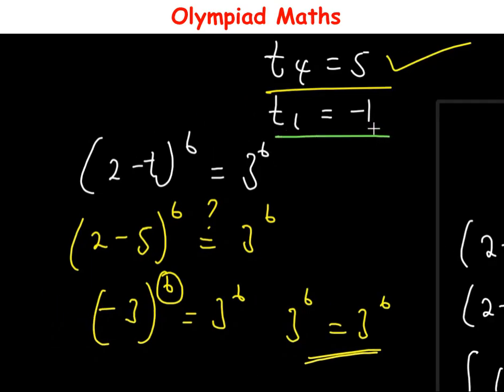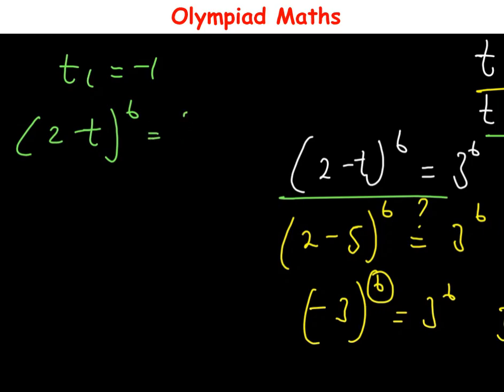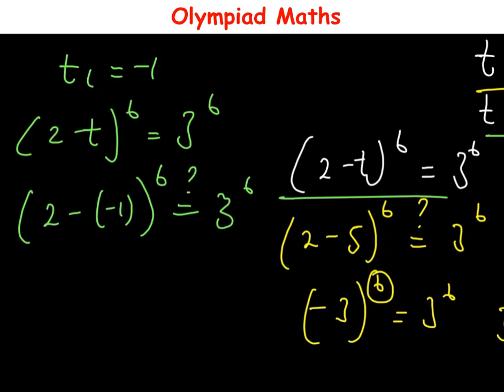For t1 which equals minus 1, back to the question: we have 2 minus t all raised to the power 6 equals 3 raised to the power 6. So in bracket 2 minus minus 1, all raised to the power 6, equal to 3 raised to the power 6, question mark.